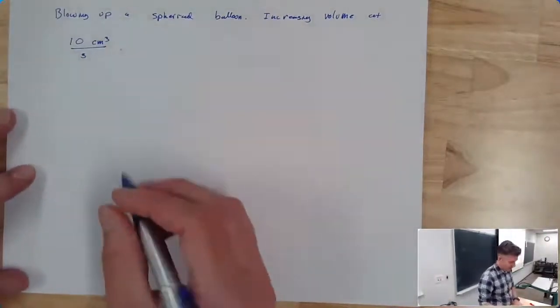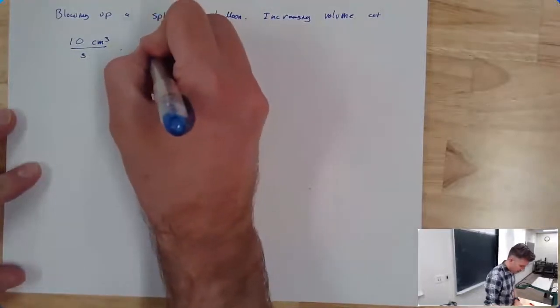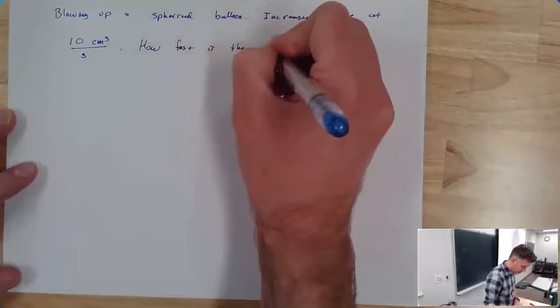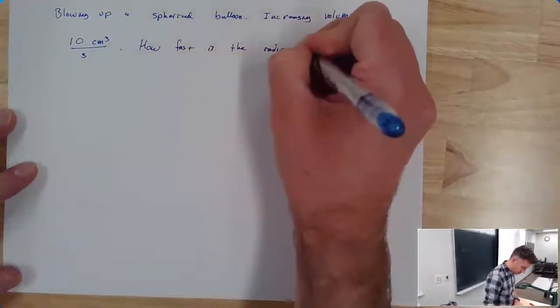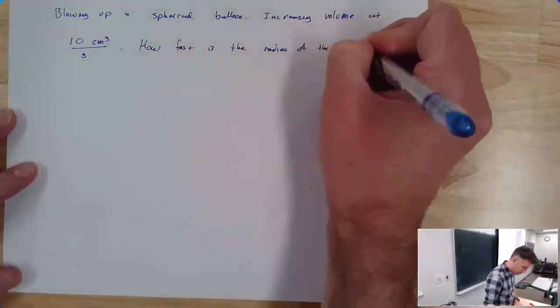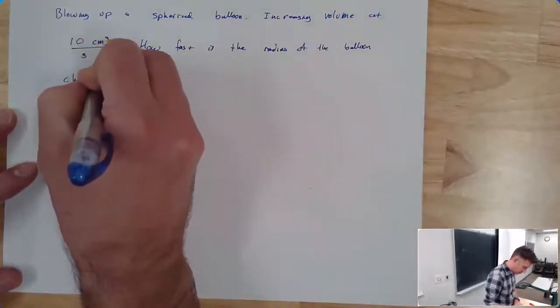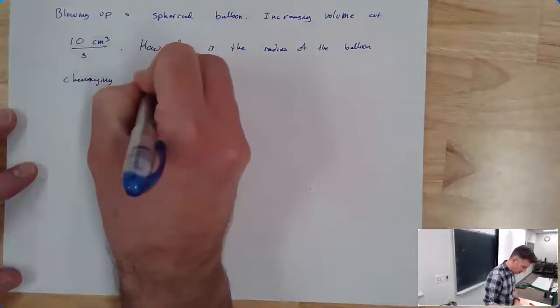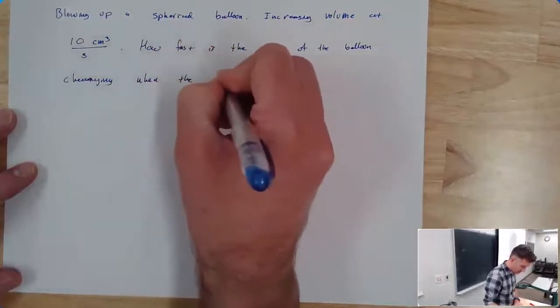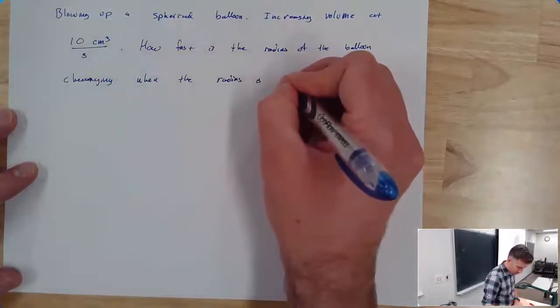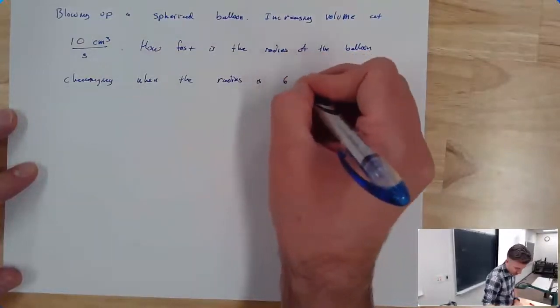The question I want to ask is, how fast is the radius of the balloon changing when the radius is 6 centimeters?